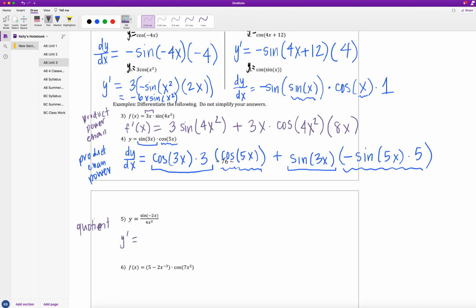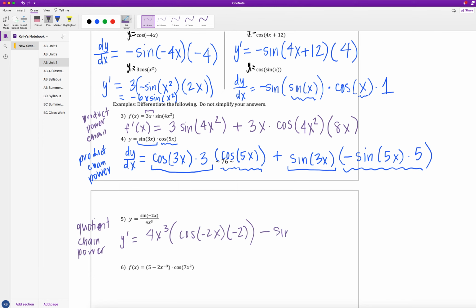So our derivative for this guy, the quotient rule tells me that I have the bottom function, so the 4x cubed, times the derivative of the top function, which will be a chain rule with a power rule too. So on top I have sine of negative 2x. The derivative of that will be cosine of negative 2x times negative 2, since I took the derivative of sine as cosine, kept the inside the same, times the derivative of the inside, that negative 2.